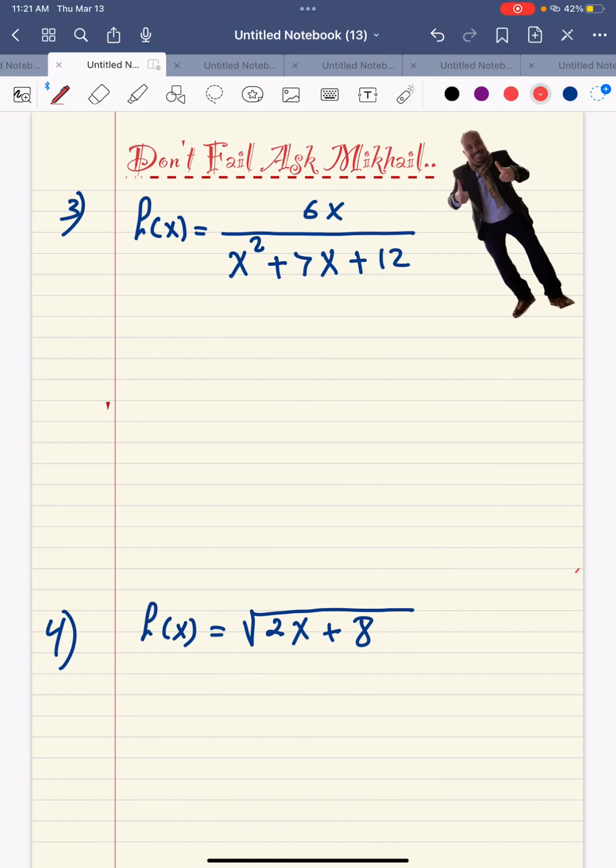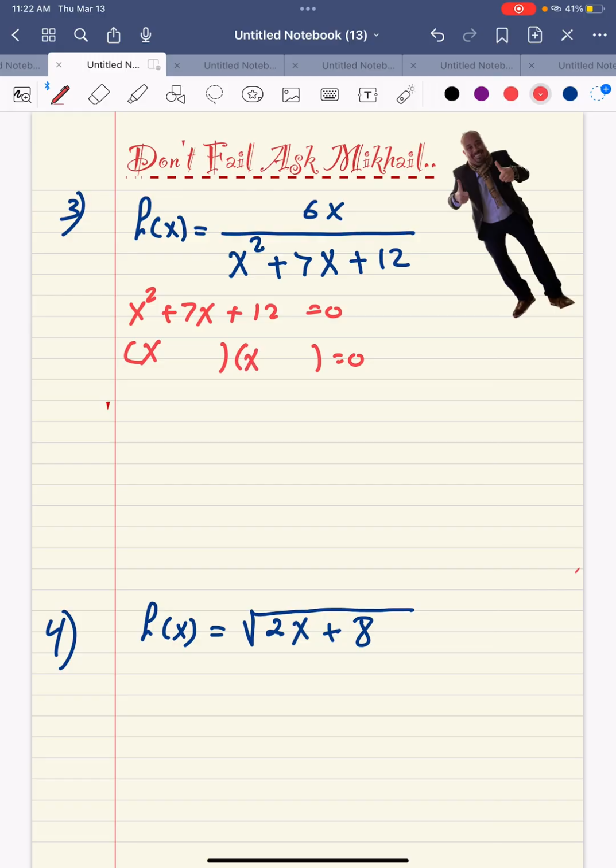What we have here, we have the bottom of the quadratic, so we need to factor the x squared plus 7x plus 12. So I have x squared plus 7x plus 12 equal to 0. So you're looking for two numbers, x and x.